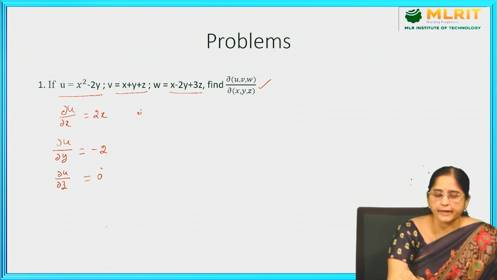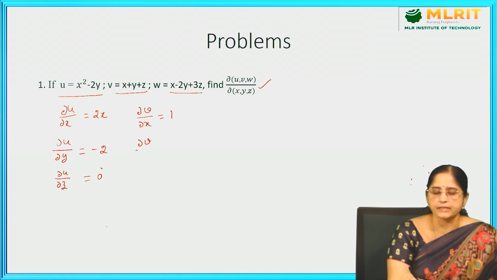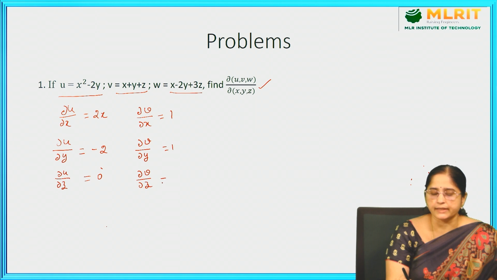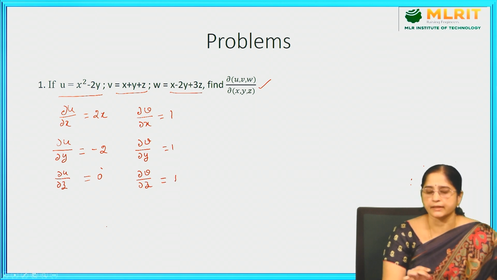Next, ∂v/∂x with respect to x is 1, ∂v/∂y with respect to y is also 1, ∂v/∂z with respect to z, derivative of z is 1.